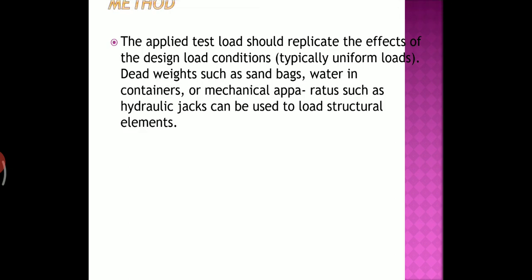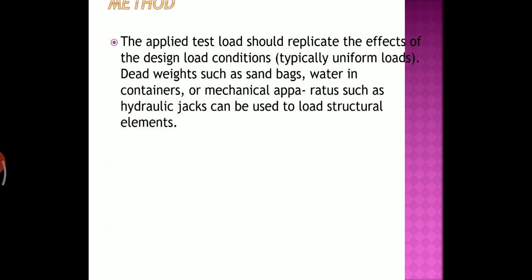Then the applied test load should replicate the effects of the design load conditions, typically uniform loads. Dead weights such as sandbags, water in containers, or mechanical apparatus such as hydraulic jacks can be used to load the structural elements.